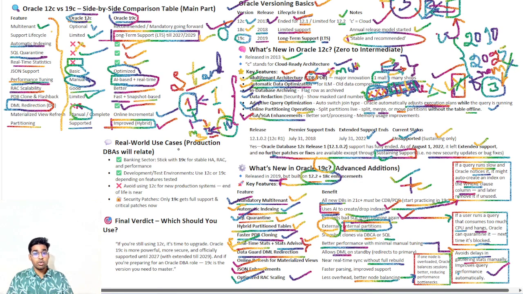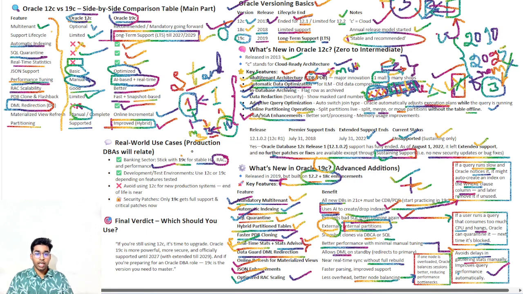In real-world use cases, a production DBA will relate to this. In the banking sector, we need to stick with the 19c version for stable high availability and RAC, and it gives very good performance.